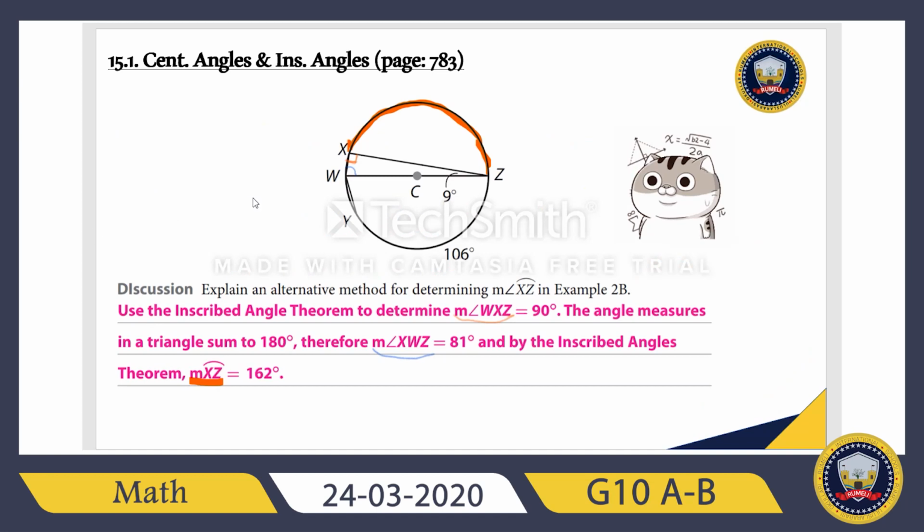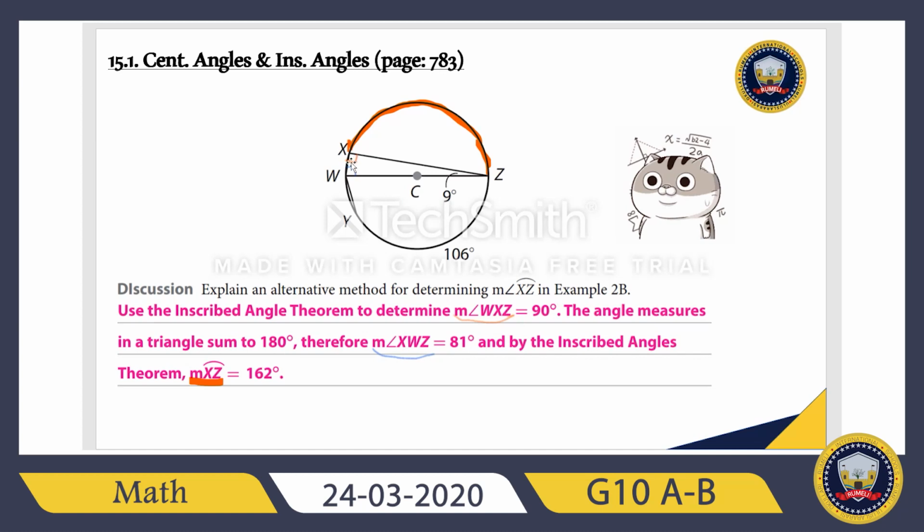Is there another way to find this arc XZ? Yes. Let's see. Now, the measure of the angle WXZ is 90 degrees. Why? Because it's an inscribed angle and its intercepted arc here has 180 degrees, so it will be half of that, so it is 90 degrees.